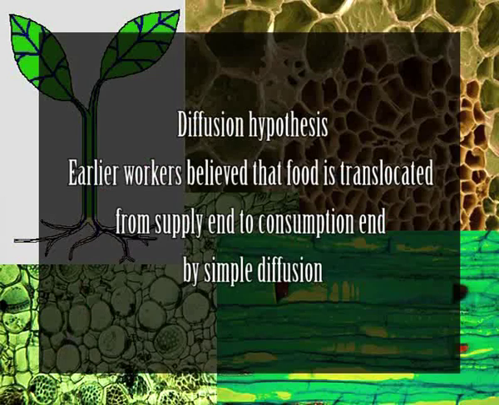Now the mechanism of phloem transport. Several theories have been proposed to explain the mechanism of food translocation. Some of them are: diffusion hypothesis. Earlier workers believed that food is translocated from supply end to the consumption end by simple diffusion.